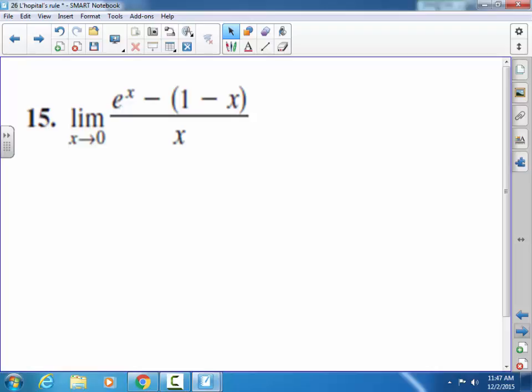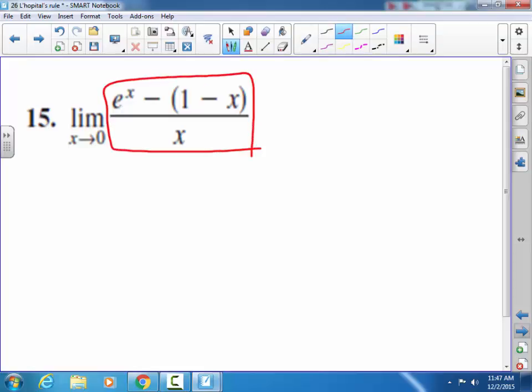A common mistake that students would make here is to look at this and see quotient and think quotient rule. Using L'Hopital's rule, you don't have to use quotient rule. You take the derivative of the numerator and put it on the top, the derivative of the denominator and put it on the bottom. That's all you have to do.